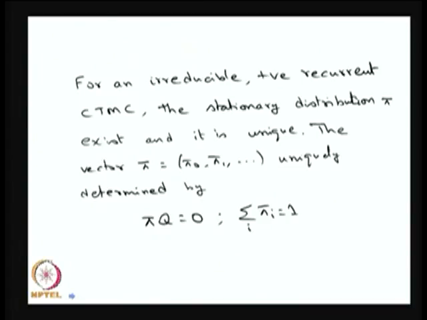Therefore, as long as the system is irreducible and positive recurrent, the stationary distribution exists and it is unique. And by solving these equations, you can get the unique stationary distribution.